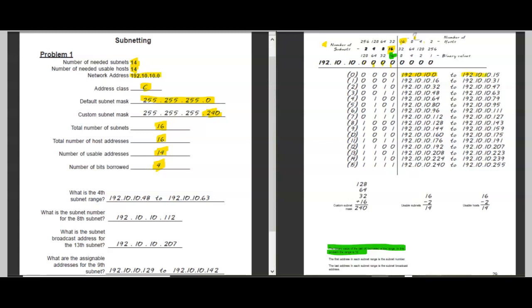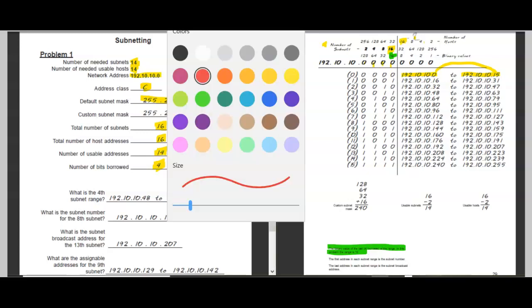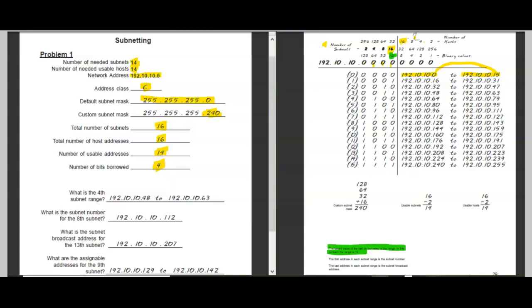So I write out 192.10.10.15, because 0 to 15 gives me 16. This first address is your network address, so I'll put network ADDR. This last address is your broadcast address, so I'll put broad ADDR.